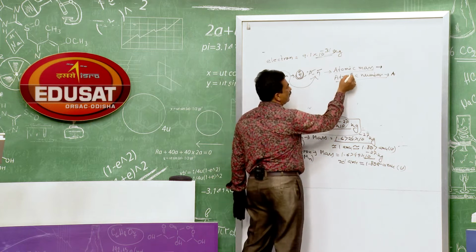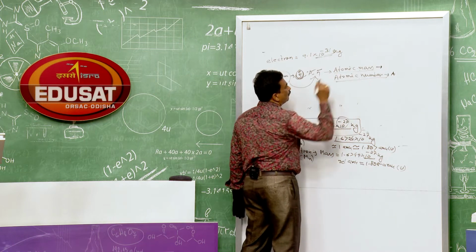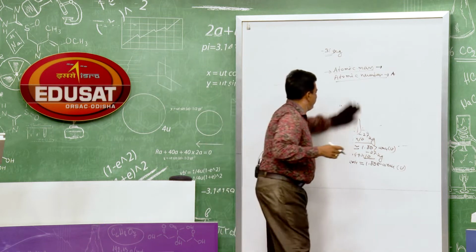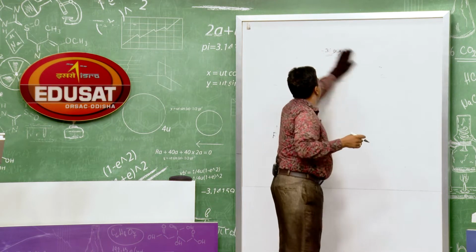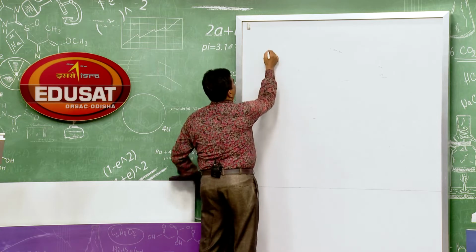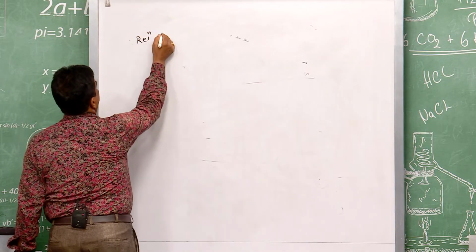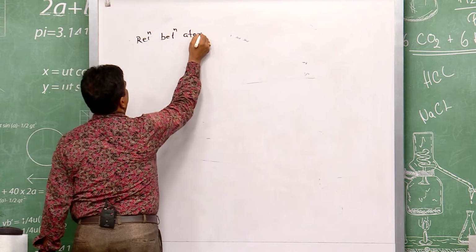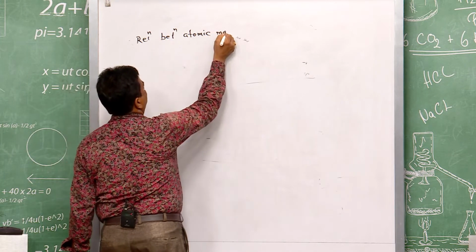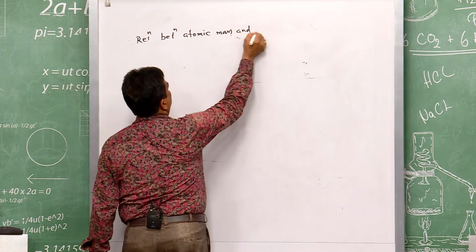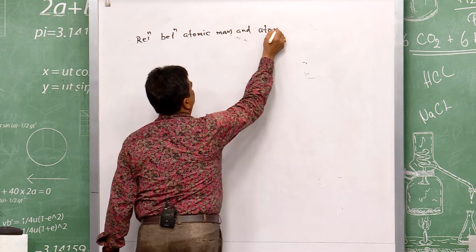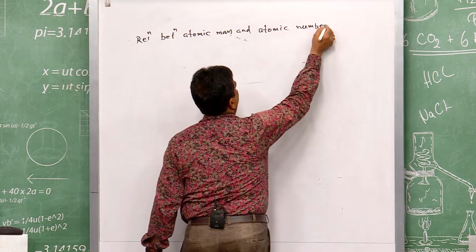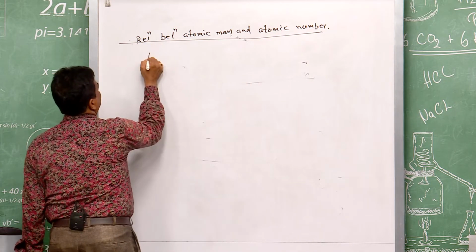So what is the relation between the atomic number and the atomic mass? What is the atomic mass?